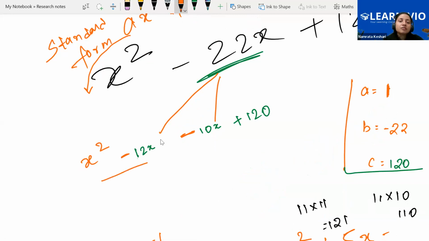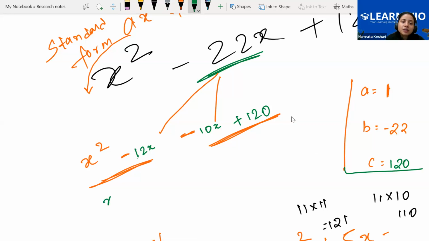And then we will take out a common factor from the first two terms and a common factor from the next two terms. If we take a common factor from the first two terms, what is the common factor? X, ma'am.